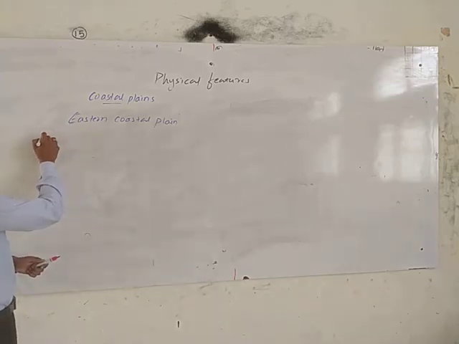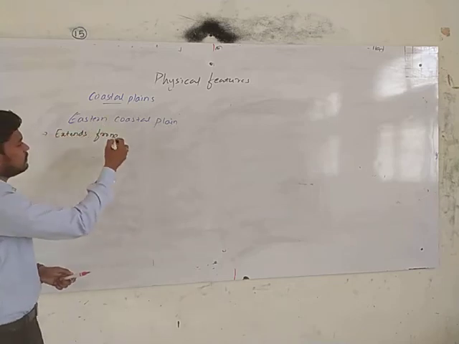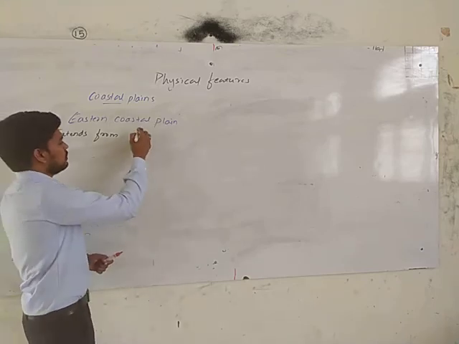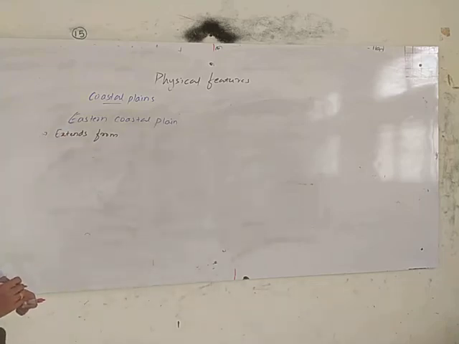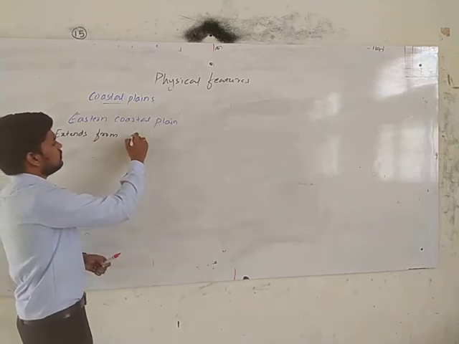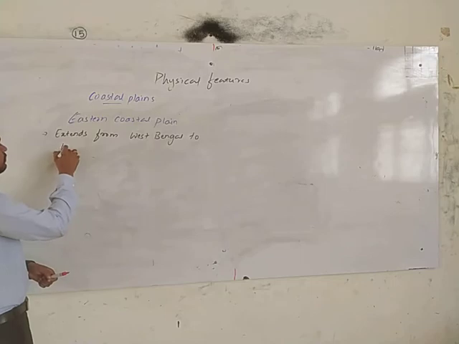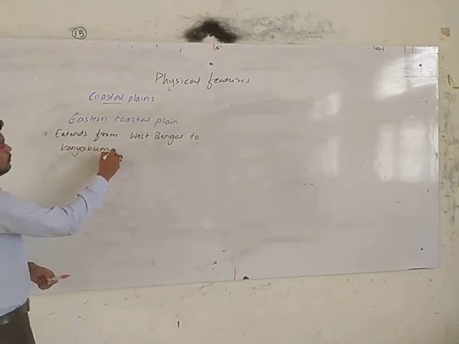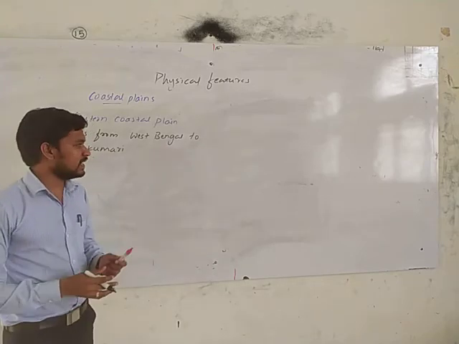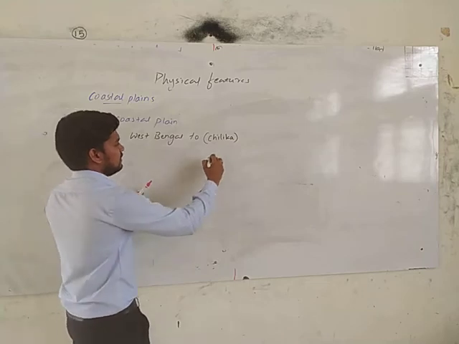This plain extends from actually West Bengal to Kanyakumari. Near there we have one lake, the lake named Chilika, Chilika Lake.